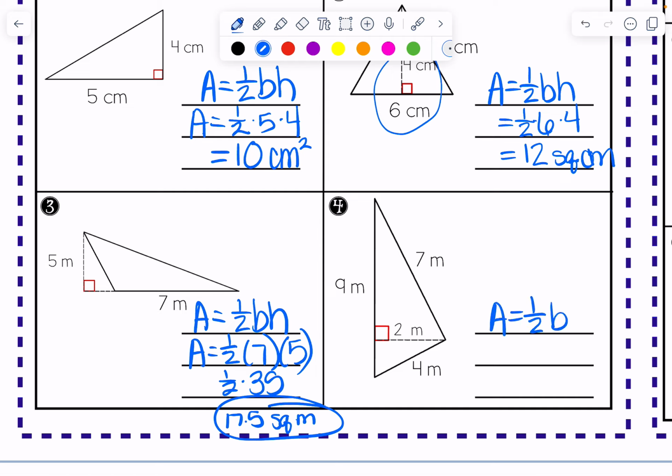A equals 1/2 base times height. Again, the base and the height are perpendicular to each other, so I'm looking for measurements that form a right angle. So the 9 and the 2 are going to form that right angle. So I'm going to have 1/2 times 9 times 2. You can multiply in any order. So I'm going to go ahead and do half of 2 is 1, and then 1 times 9 is going to be 9 square meters.